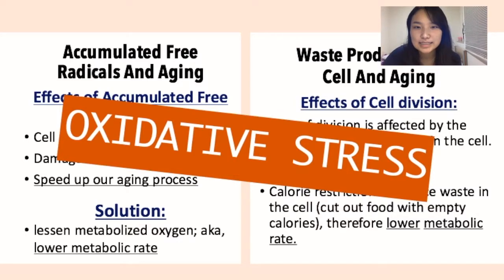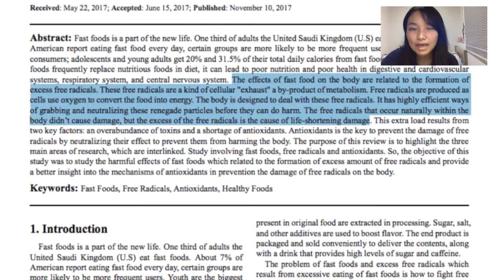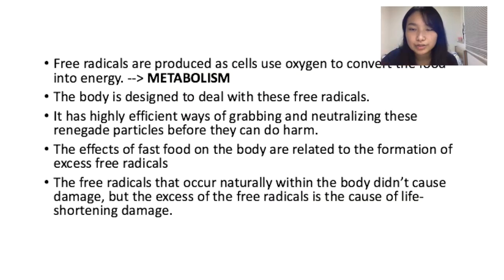It is basically when you're accumulating more free radicals than your body can handle, such as exposure to toxins from either your polluted environments or processed food. So, what this paper was saying is that our body is actually designed to deal with these free radicals by neutralizing them before they can actually do harm.